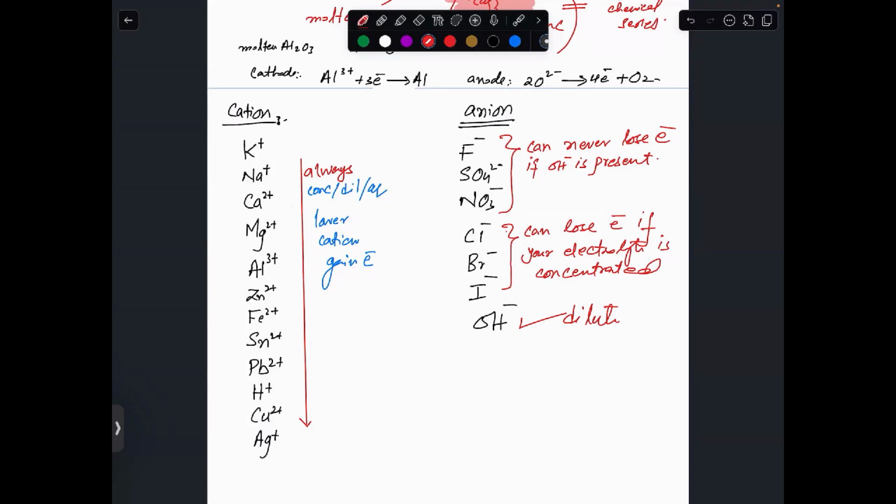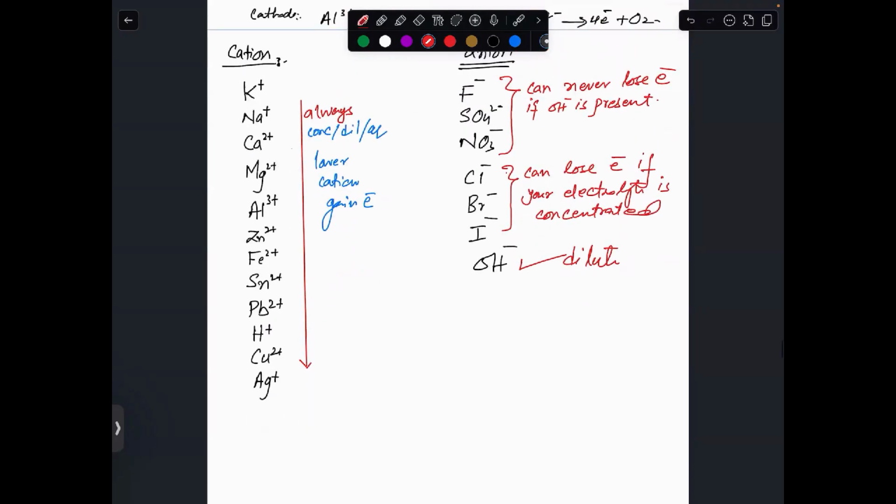I want to explain these upper ones. Look, why concentrated? If I take the example of fluorine, fluorine gains 2 electrons, making 2 fluoride, its E0 value is 2.78, I think. I'm not 100% sure, but it's kind of this.